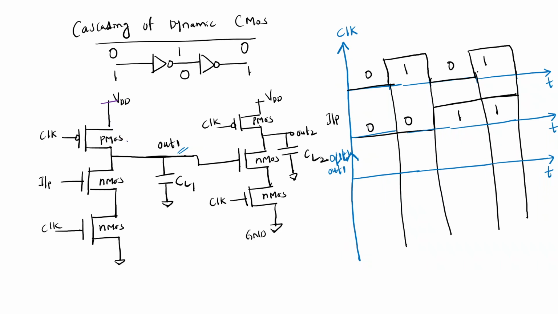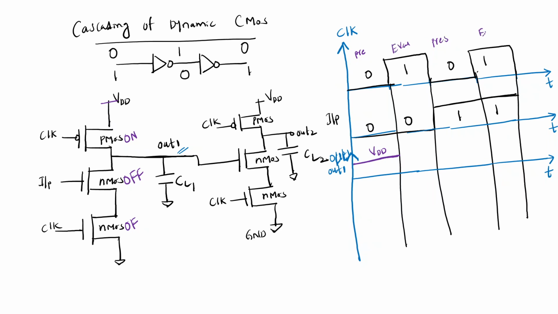When the clock is 0 and the input is 0, the PMOS will be on, the input NMOS will be off, and since the clock is 0, the other NMOS is also off. So output 1 will be charged through the capacitor to VDD. This is the prescale mode.